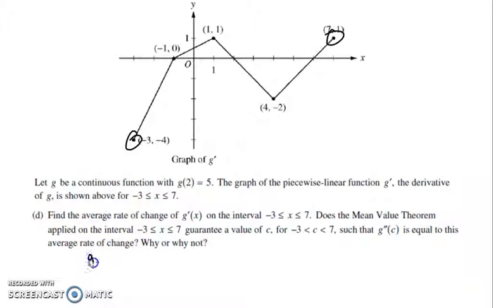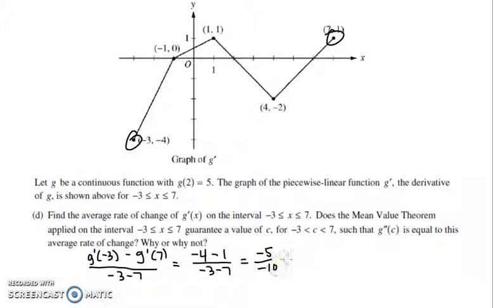So we're going to say g prime of negative 3 minus g prime of 7 over negative 3 minus 7. So g prime of negative 3 is negative 4, minus g prime of 7 is 1, over negative 3 minus 7, so we're going to get negative 5 over negative 10, which is negative 1/2.